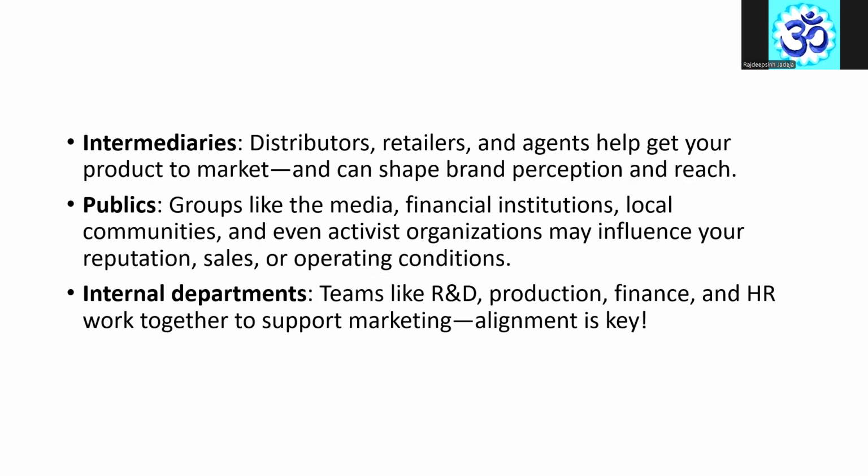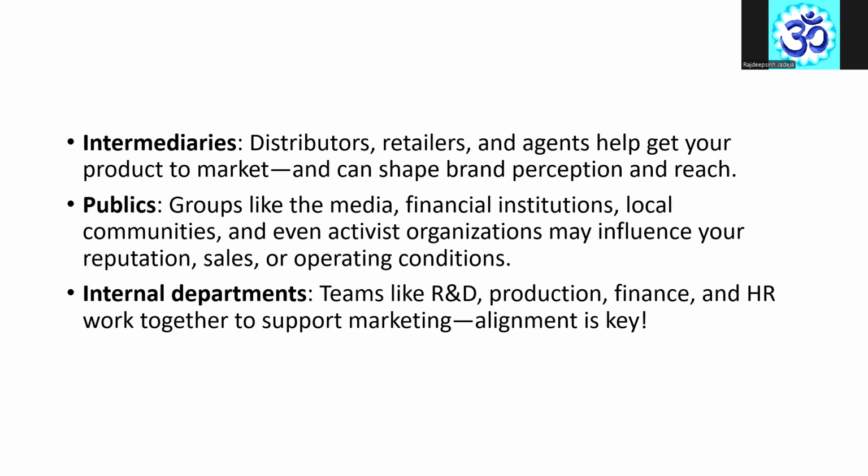Then come intermediaries. Distributors, retailers, and agents help get your product to the market and can shape brand perception and reach. Intermediaries are also a micro environment factor. Then publics. Groups like media, financial institutions, local communities, and even activist organizations may influence your reputation, sales, or operating conditions.